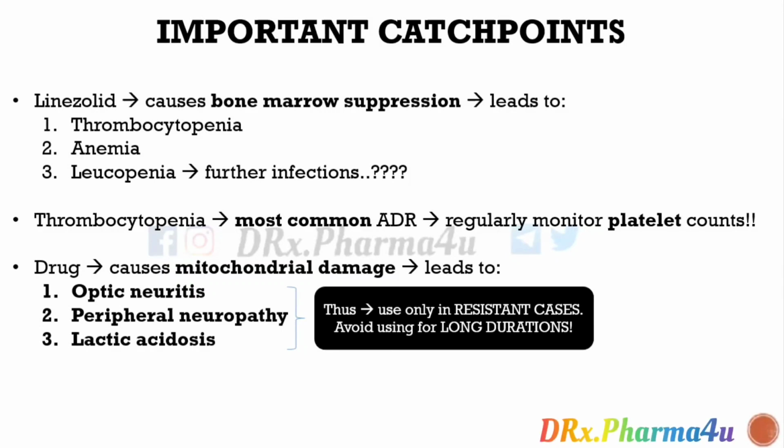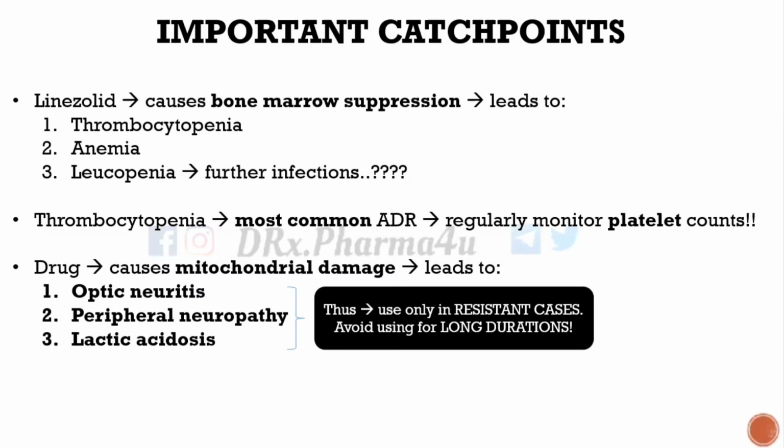This drug causes mitochondrial damage. This is another practical knowledge that you can connect because in many areas, especially if you have studied toxicology, in most of the poisonings of heavy metals and many toxins, you may have studied in the pathophysiology of that poisoning that it destroys or damages mitochondria.